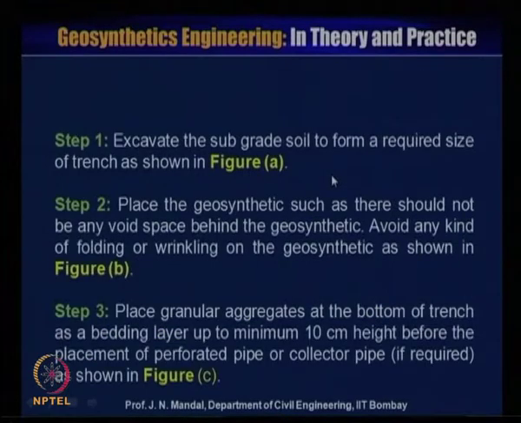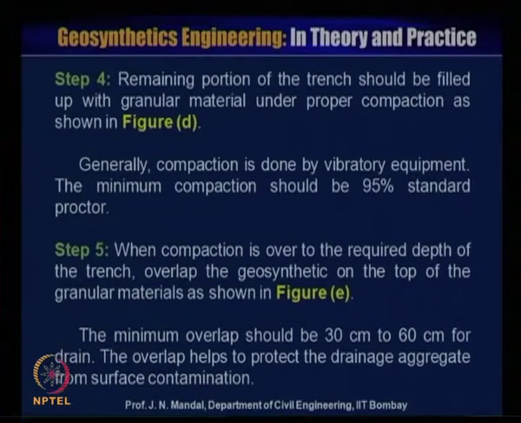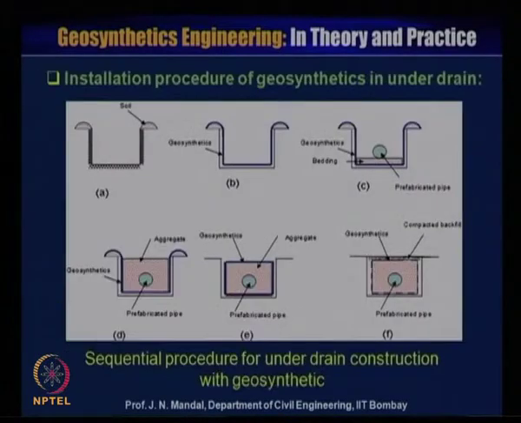Then step 4, the remaining portion of the trench should be filled with granular material under proper compaction. You fill the remaining portion with the granular material to the required depth, so this aggregate is filled up here.